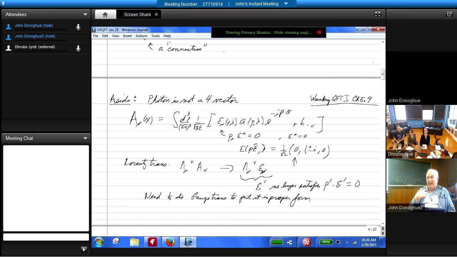Hey, John. Yes? Question. Okay, you need to do the gauge transformation because what you're working with is the vector potential. Why not just expand out the field tensor in Fourier modes instead of the vector potential? Well, let me repeat for the class: the trouble came because I was expanding the vector potential.